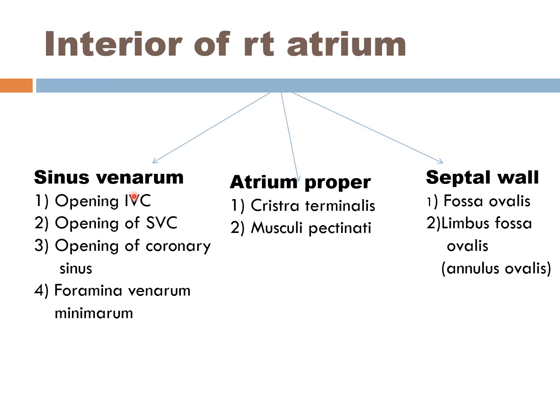So there are three different structures. First, the sinus venarum has the opening of the inferior vena cava, opening of the superior vena cava, opening of the coronary sinus, and the venae cordis minimae. These are present at the sinus venarum. Now the atrium proper has the crista terminalis and the musculi pectinati. And the septal wall has the fossa ovalis, limbus fossa ovalis and annulus ovalis.